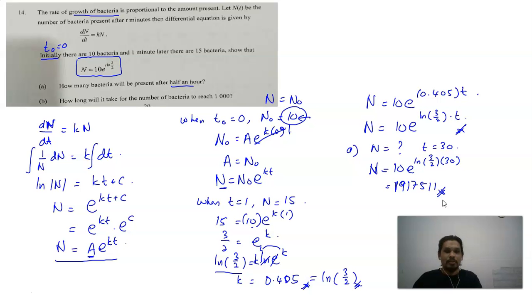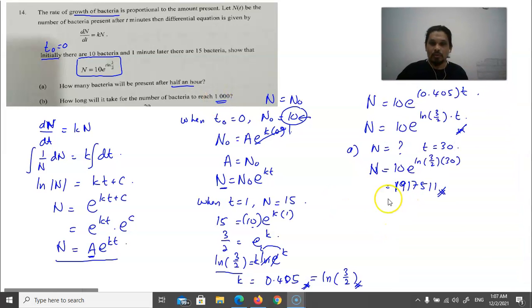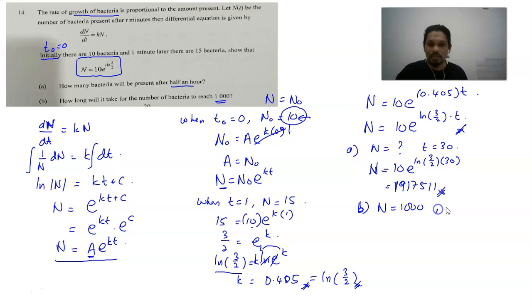Okay, how long will it take for the number of bacteria to reach 1000, meaning N equals 1000. The question is how long will it take, which means we need T for time.